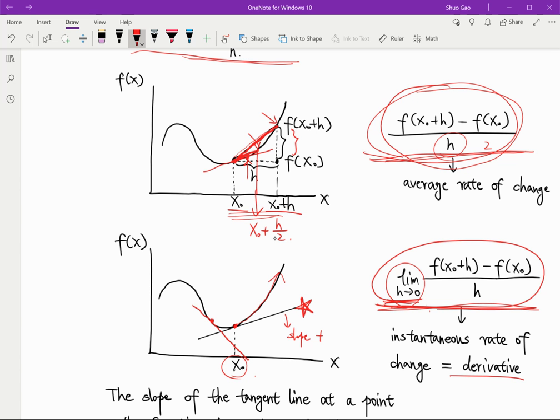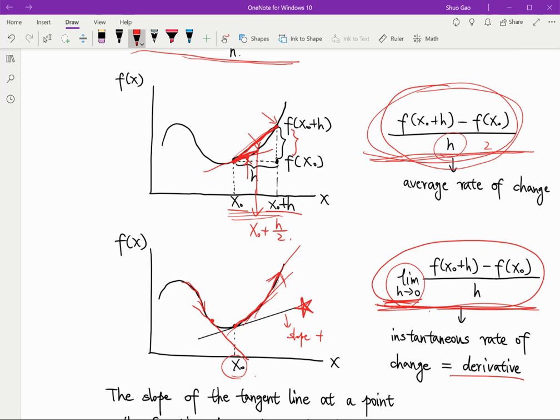It's climbing, an increasing function, right? Because the change of f(x), or the change of y, is a positive number. When the change of y is positive, the derivative is positive, and so the slope of the tangent line is positive, right?